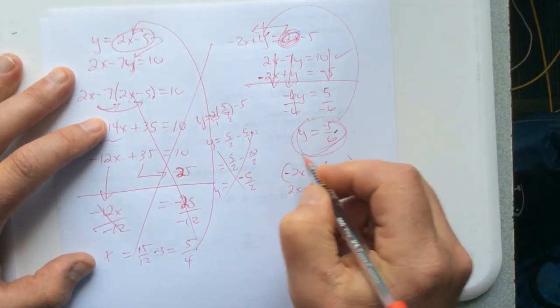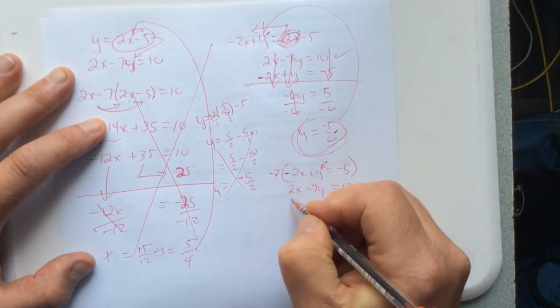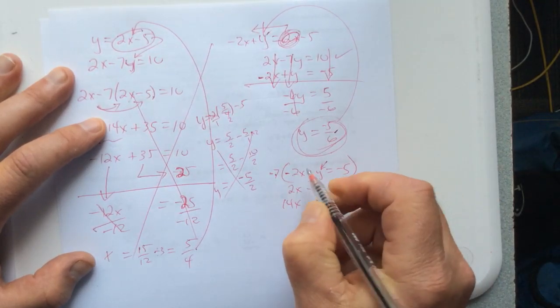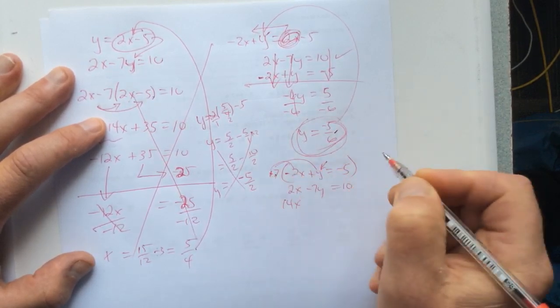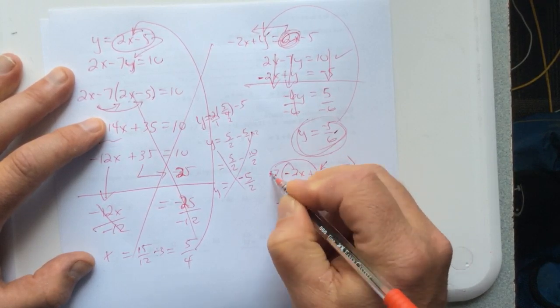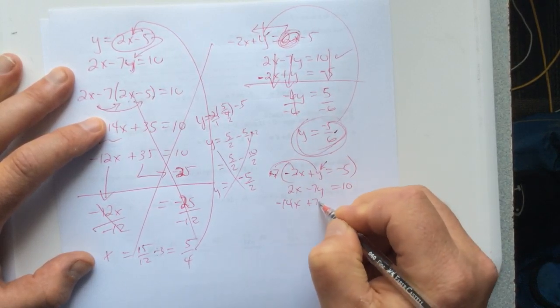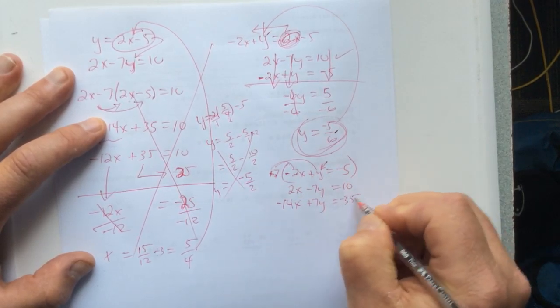I'm going to multiply all this times negative 7. So negative 7 times 2 is now 14x. Negative 7 times y, oh, I need it positive 7. So positive 7 times negative 2 is negative 14. 7 times y is positive 7y. And 7 times negative 5 is negative 35.